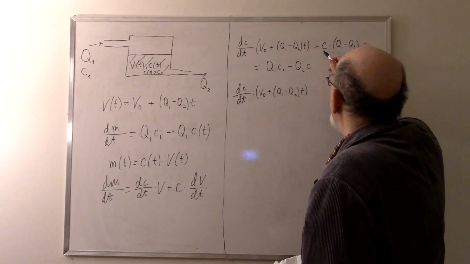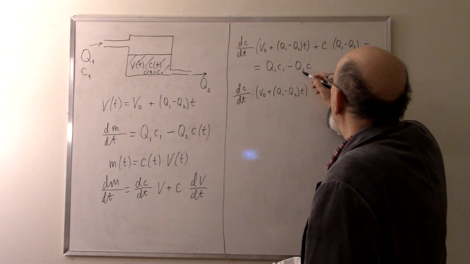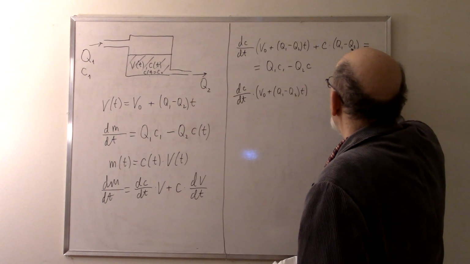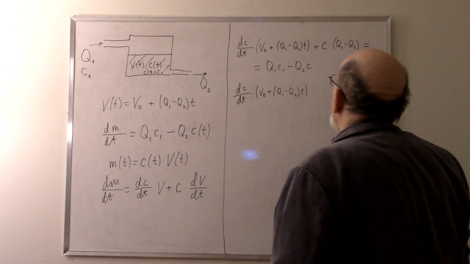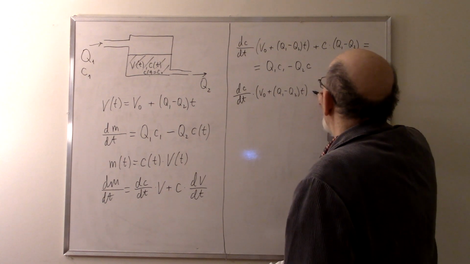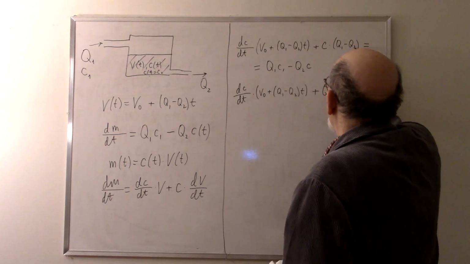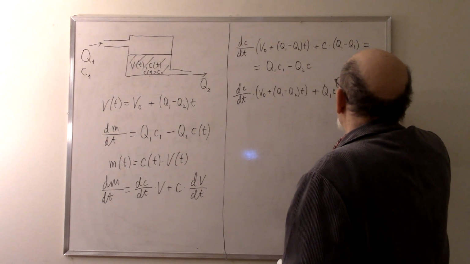Here is plus C(Q1 minus Q2) and here minus Q2 C. So this minus Q2 C and this minus Q2 C cancel. So Q1 C remains, equals Q1 C1.